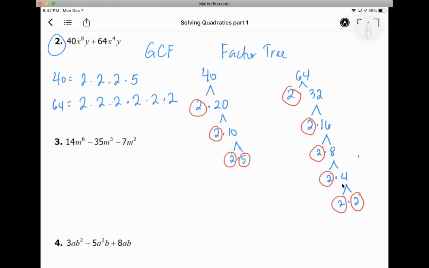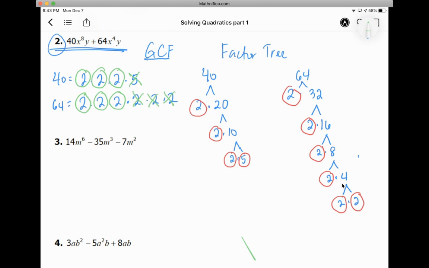All right? So, how do I get the greatest common factor, or GCF, of 40 and 64? So I could factor this particular algebraic expression. Let's find the common factors. My common factors are these two pairs of twos, these two pairs of twos again, and these two pairs of twos again. 5 and 2 are not common, so cross that out.